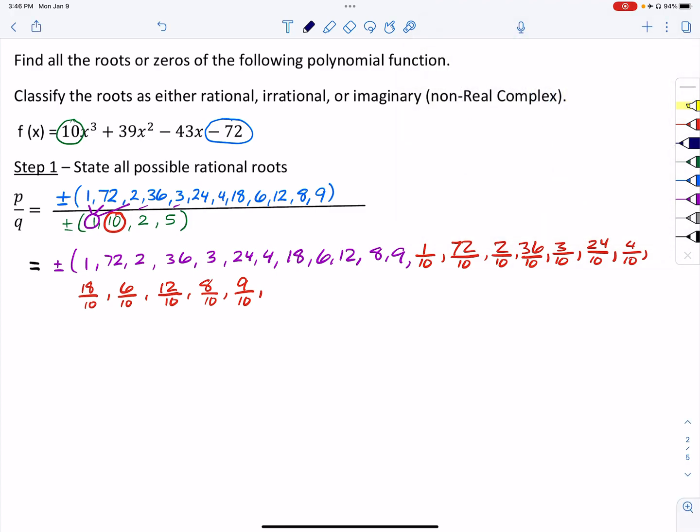There we go. All right, now we'll go after 2 as a divisor. That'll be 1/2, 72 halves, 2 over 2, 36 over 2, 3 over 2.